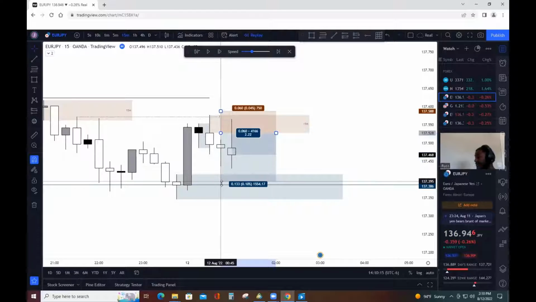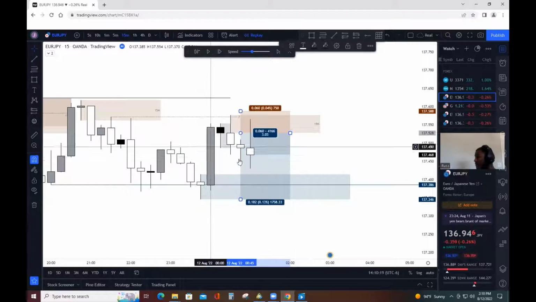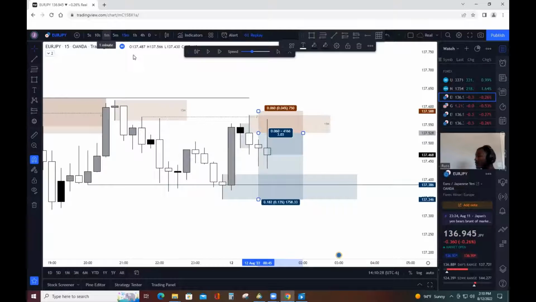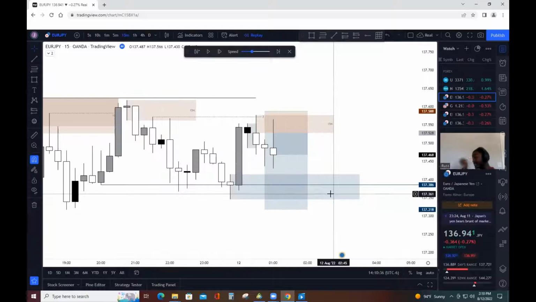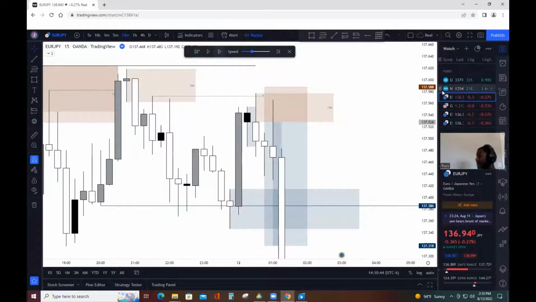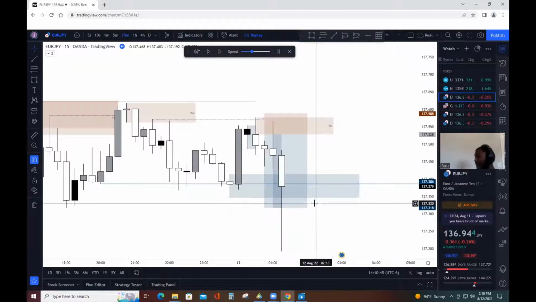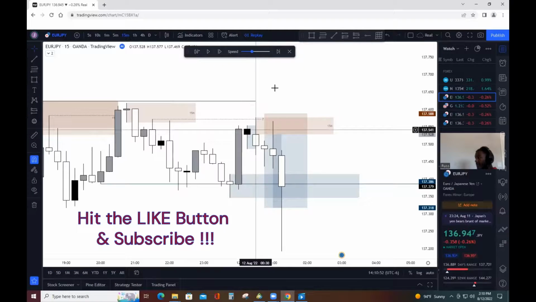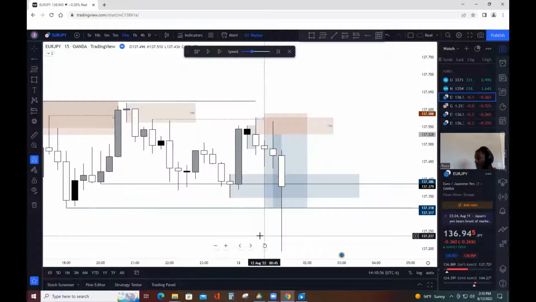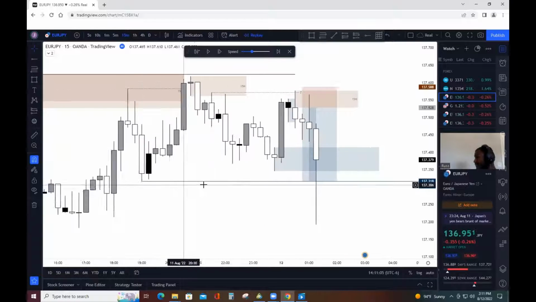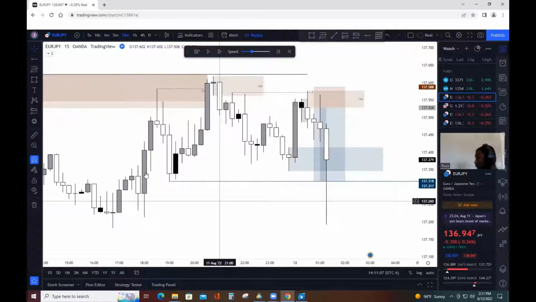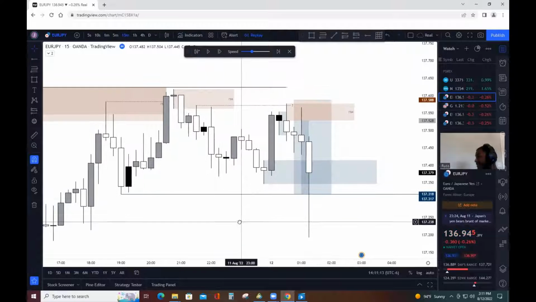So best case scenario is now this low. So if you just did it based off of the 15-minute, 3 to 1. Oh, get that out of there. All right. So that's the entry model right there.